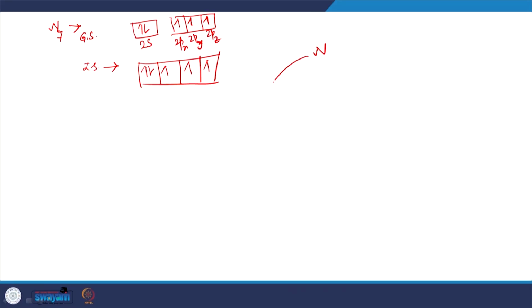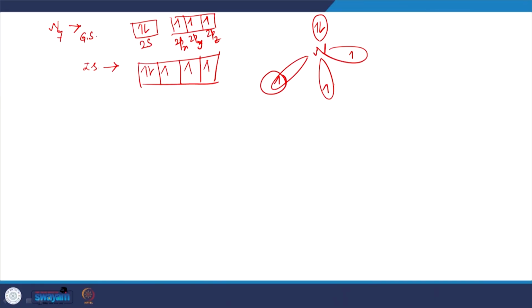This is a carbon model, but I have introduced a lone pair here. The nitrogen would have 3 orbitals with single electrons and one lone pair. The single electrons would form covalent bonds with hydrogen, and that will give NH3.